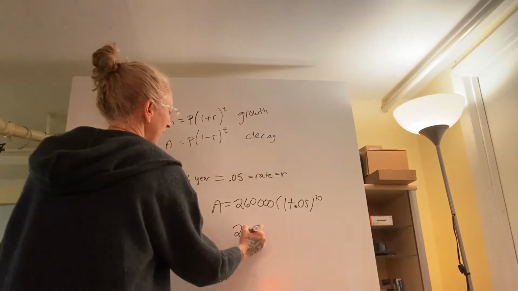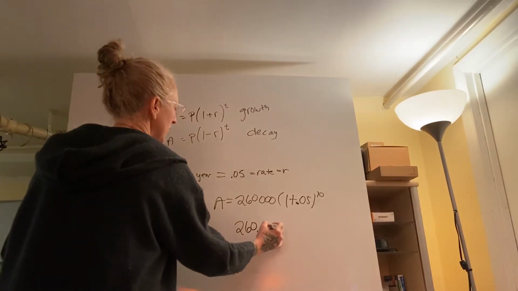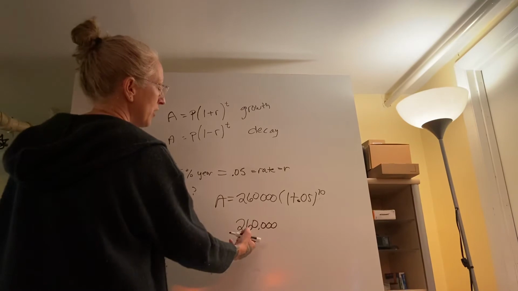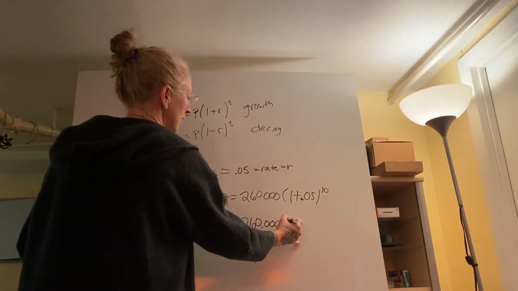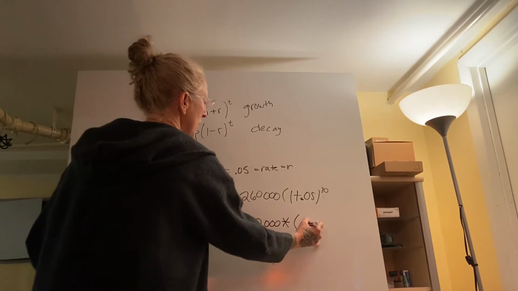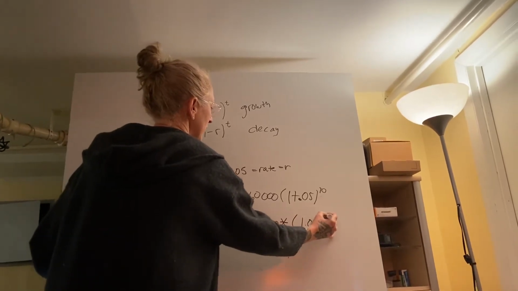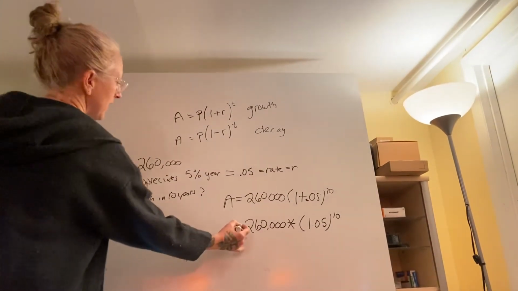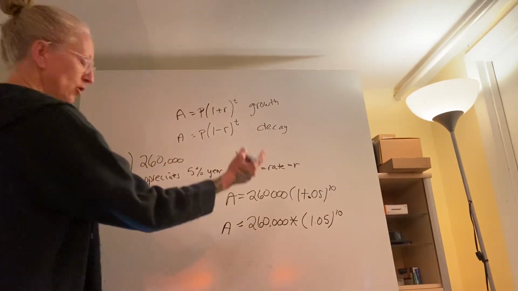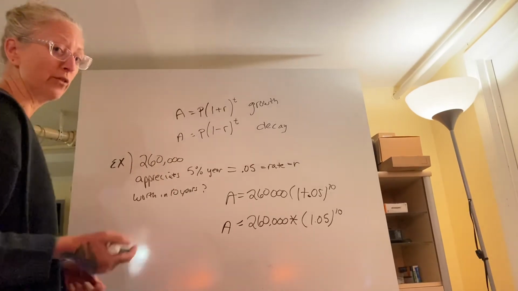You can simplify it. You would say 260,000 times 1.05 raised to the 10th power. So that's going to be your formula. That's going to be your solution. You have to put it in your calculator on your own, okay?